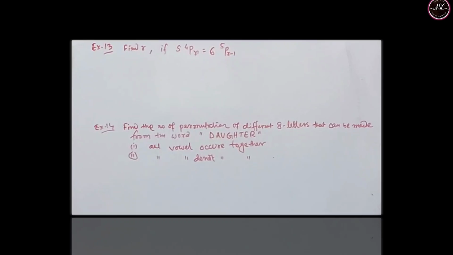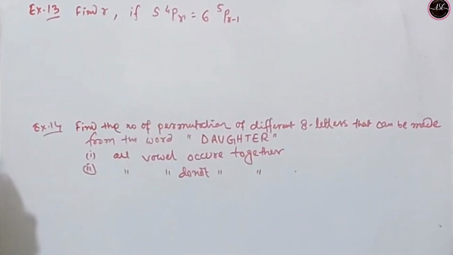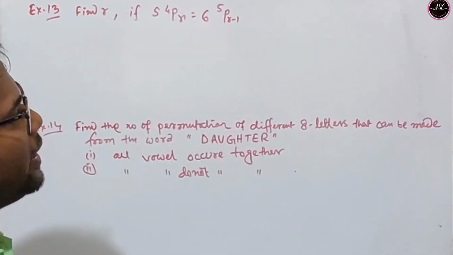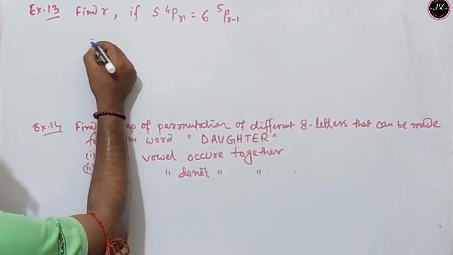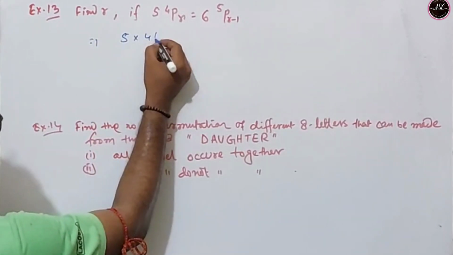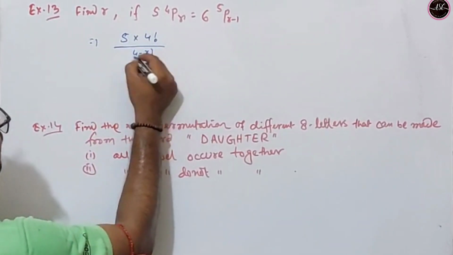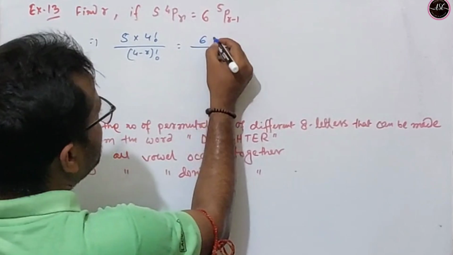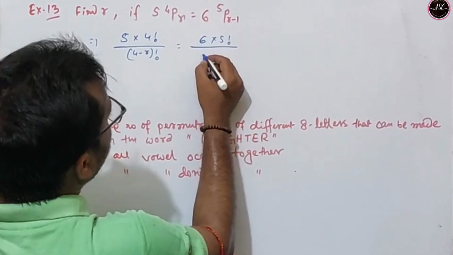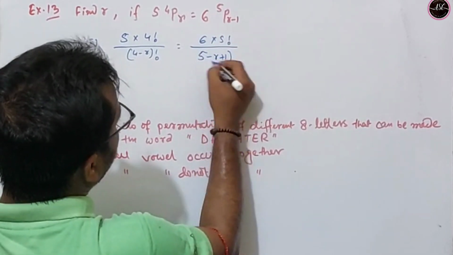Just look at this question. Find r if 5 into 4Pr equals 6 into 5P(r minus 1). Simplify: 5 into 4 factorial divided by (4 minus r) factorial equals 6 into 5 factorial divided by (5 minus r plus 1) factorial.